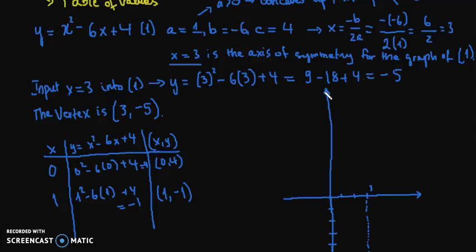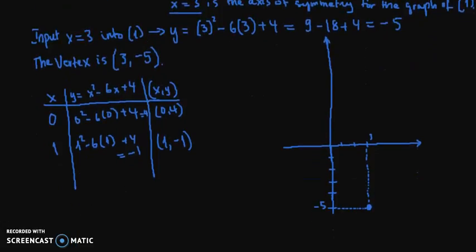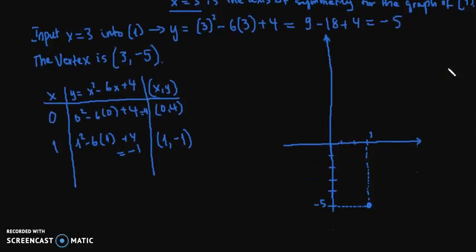Because of the symmetry aspect of a parabola, we only need to find these two points, and then we can reflect them across the axis of symmetry. x equal to 3 is the axis of symmetry for the parabola.